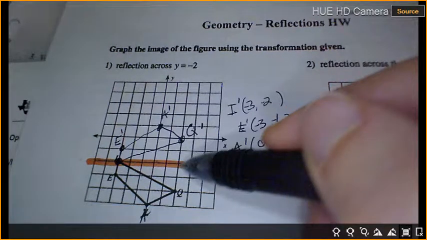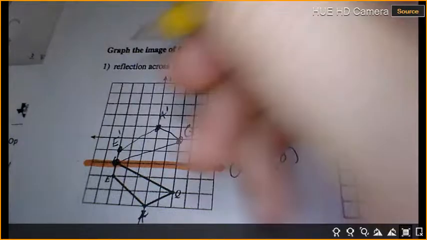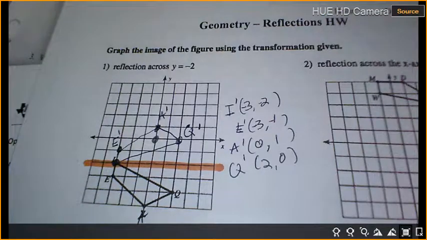Q was 2 units below, now it is 2 units above. And then I have to go back to thinking about, here is my 0, 0. So I have to plot all those points according to that. Questions about this?